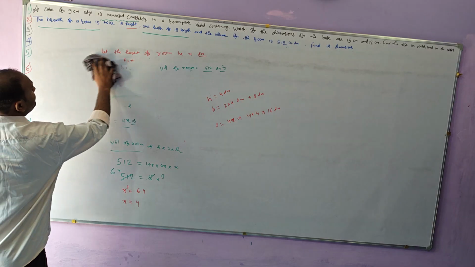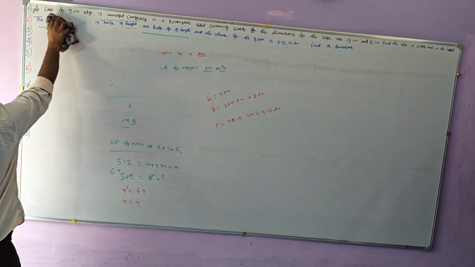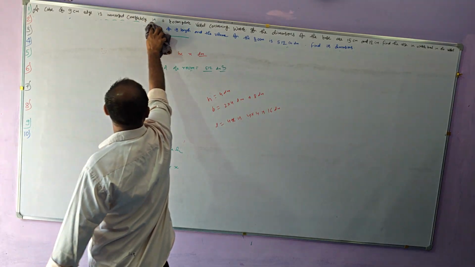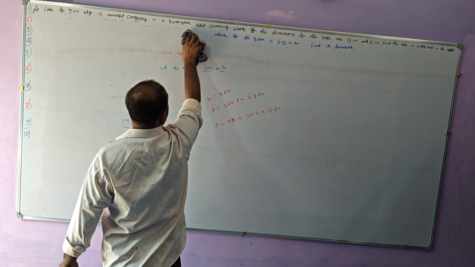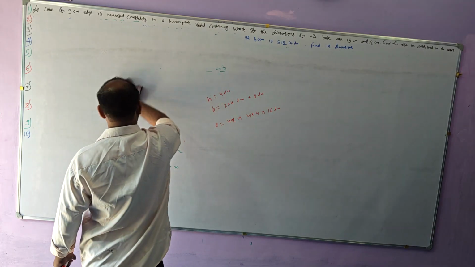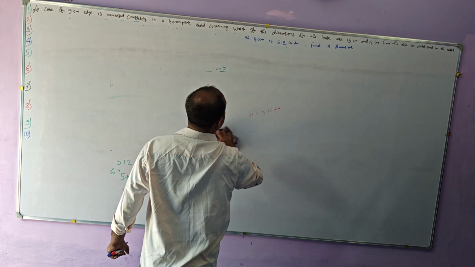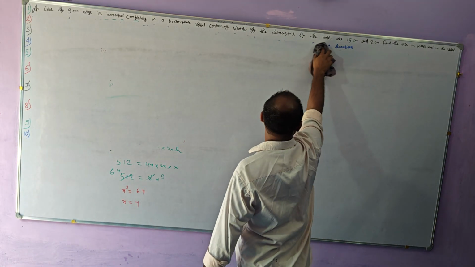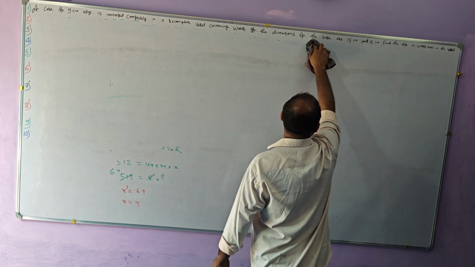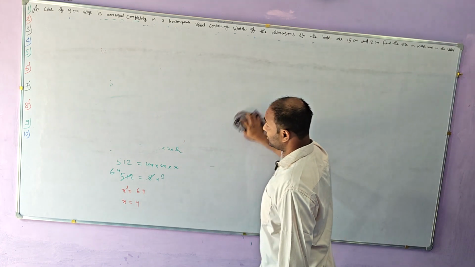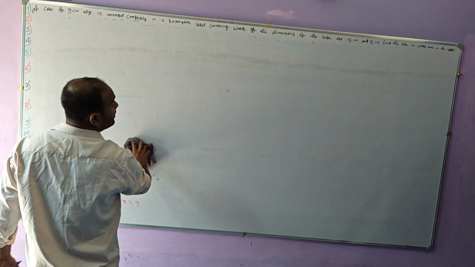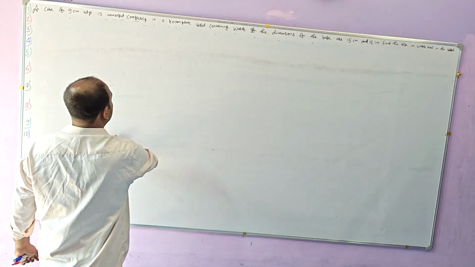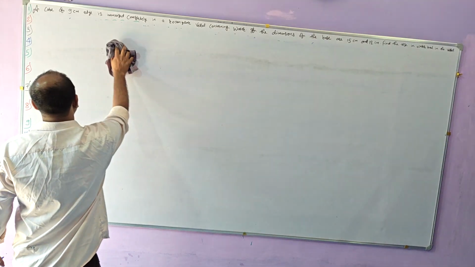Now in another question, a cube of 9 centimeter is immersed completely in a rectangular vessel containing water. If the dimensions of the base are 15 centimeter and 12 centimeter, find the rise in water level in the vessel.